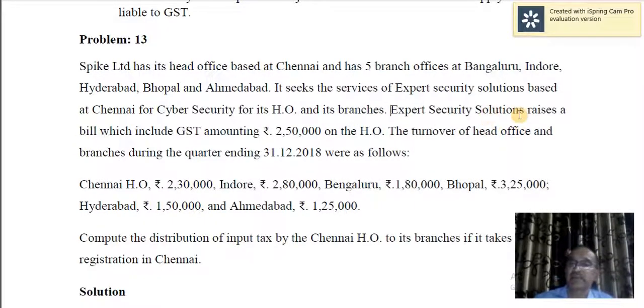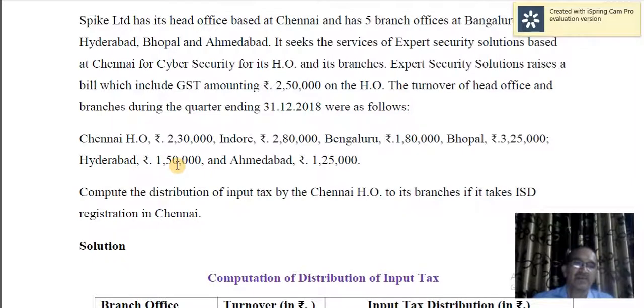Expert Security Solutions raises a bill which includes GST amounting to rupees 2,50,000 on the HO. The turnover of head office and branches during the quarter ending 31/12/2018 were as follows. Chennai HO 2,30,000, Indore 2,80,000, Bangalore 1,80,000, Bhopal 3,25,000, Hyderabad 1,50,000 and Ahmedabad 1,25,000.